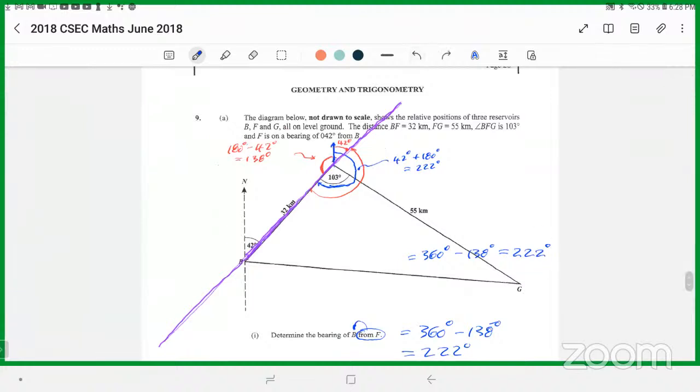There's not one way to do this, but I'm doing it this way for you to recognize that once you have the bearing on a line, it is that same bearing everywhere on that line, even if you extend the line. So the bearing is like a direction, and the line is in that bearing direction. Everywhere on that line, the bearing is the same, 42 degrees, even at this point.